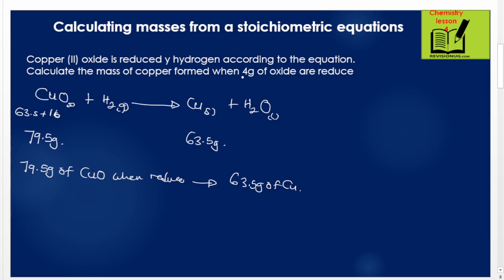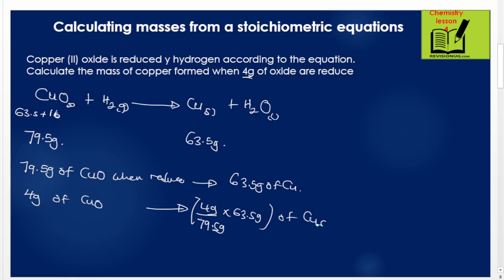Then how about 4 grams? If we just reduce 4 grams of copper 2 oxide, then they are going to give us 4 grams over 79.5 grams times 63.5 grams of the copper solid there. Then what are we having there?